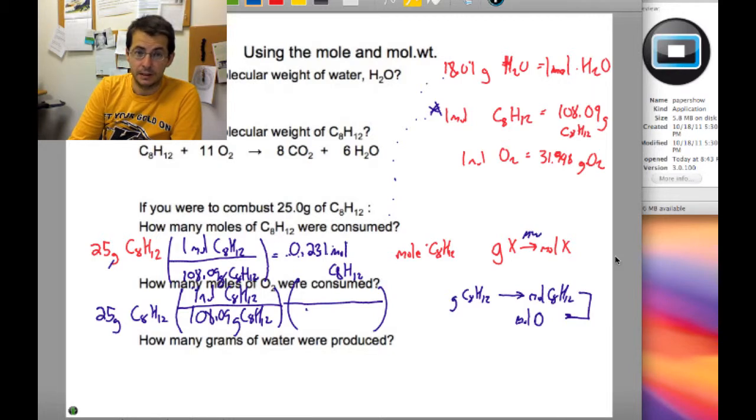For every, now we have moles of C8H12, but we can use the mole-to-mole relationship in the equation.